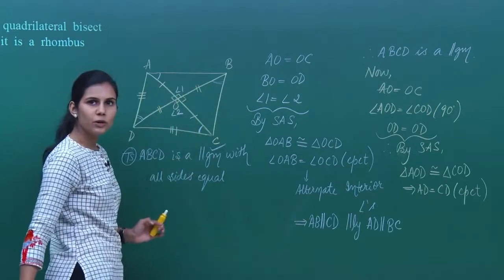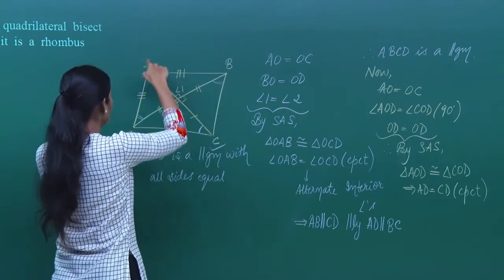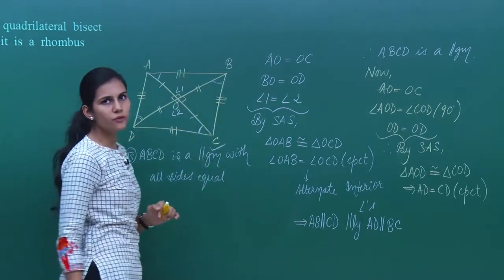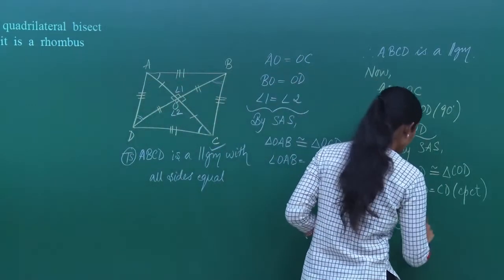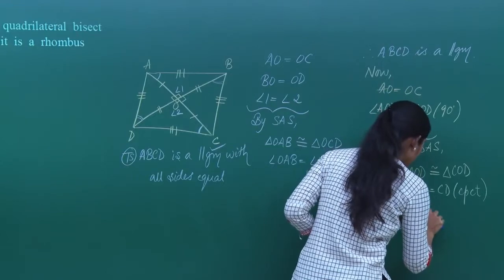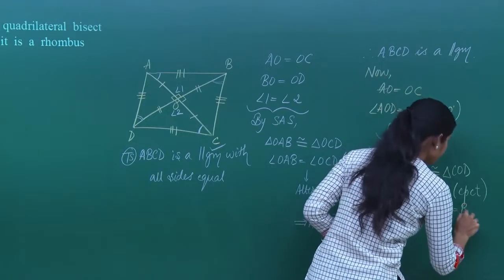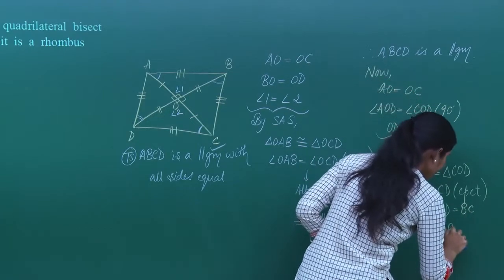opposite sides are of equal measure. So whatever is the measure of CD, the same is the measure of AB. Whatever is the measure of AD, the same is the measure of BC, thereby giving me that all four sides of this quadrilateral are of equal measure. AD is equal to CD, but AD is equal to BC and AB is equal to CD.